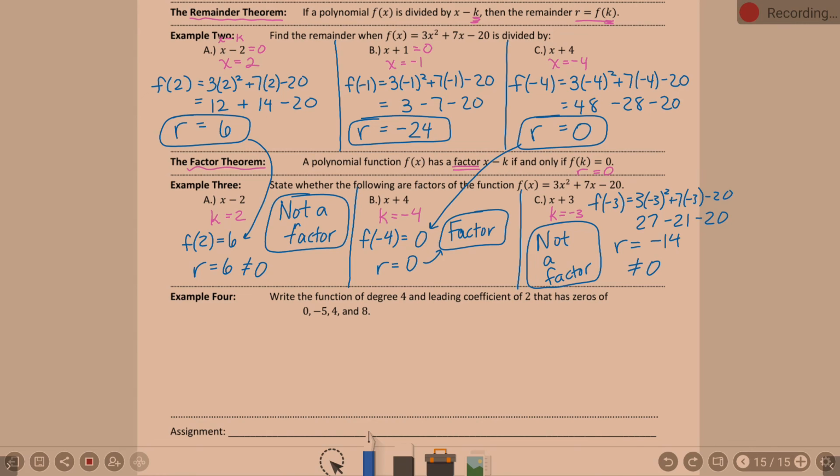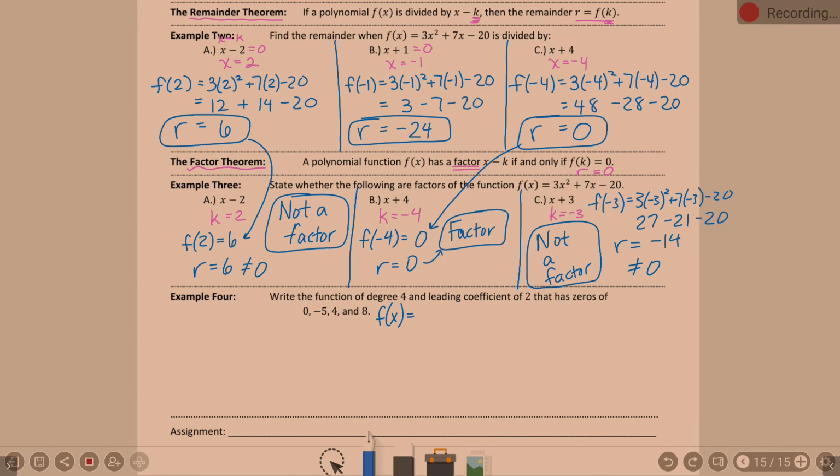Example 4, you've done this before as well, because it came up in my notes yesterday for Algebra 2. Write the function of degree 4 and leading coefficient of 2 that has these zeros. You guys remember how to write these zeros as factors? Because that's what you're doing here. I'll start backwards. A zero of 8.